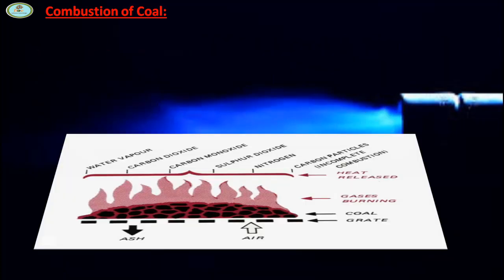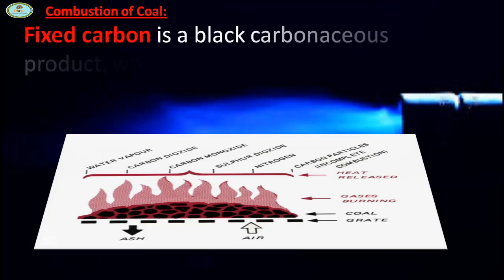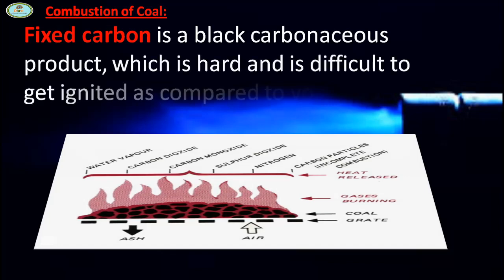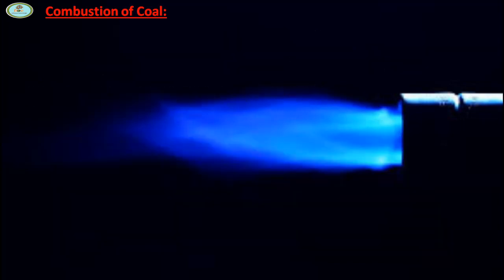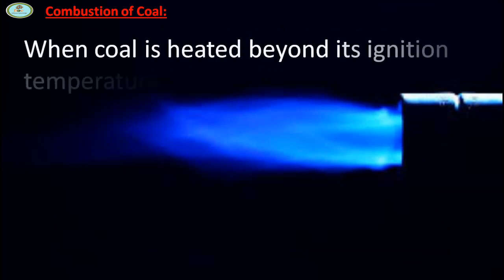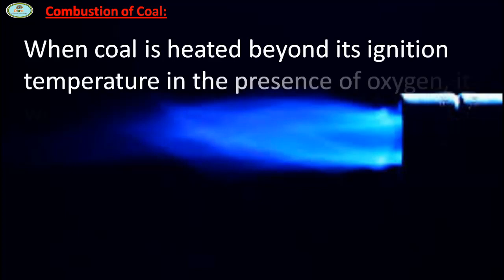Fixed carbon is a black carbonaceous product which is hard and difficult to ignite as compared to volatile matter. When coal is heated beyond its ignition temperature in the presence of oxygen, it will ignite and burn.